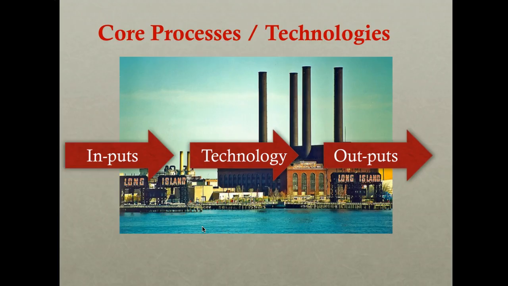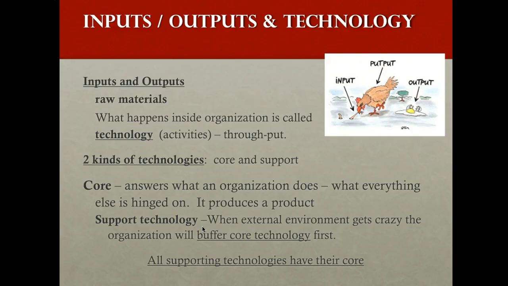Every organization has a core process or core processes or technologies. Broken down very simply, each organization has inputs, has the technology or the core processes that it does, and then outputs. So the inputs are raw materials that go in.